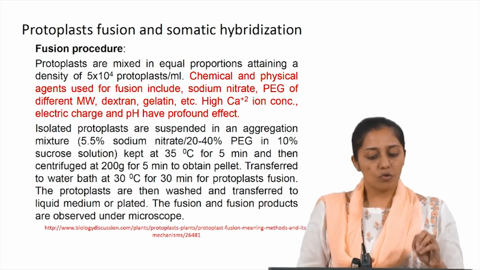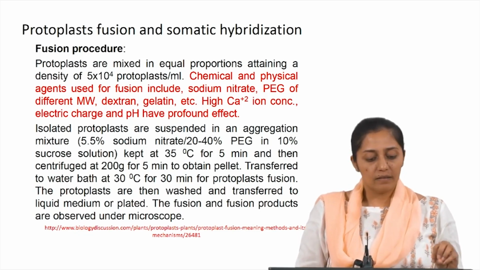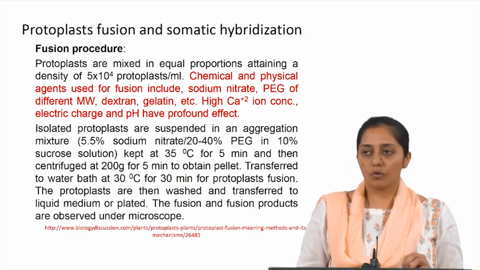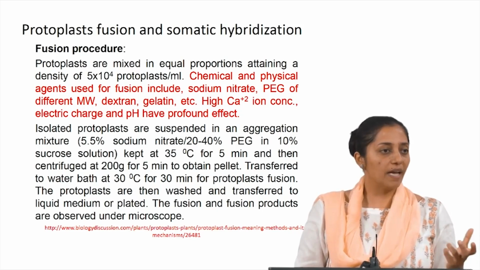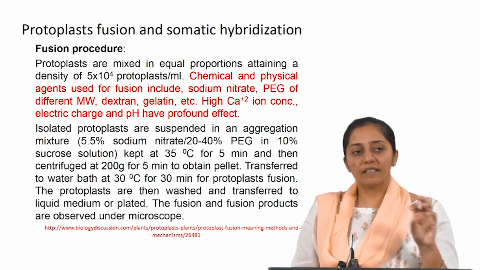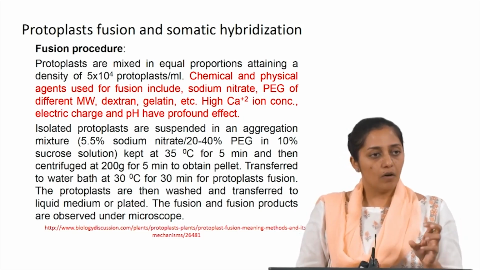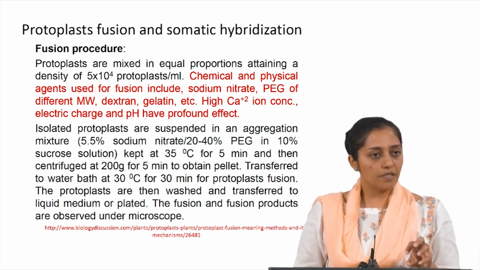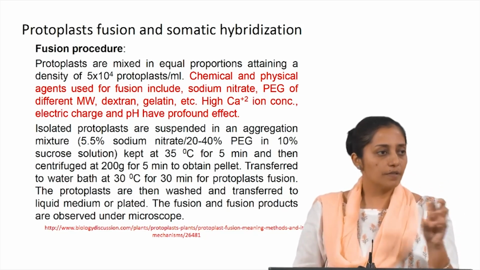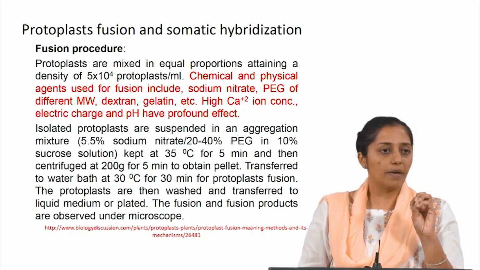So what is done? You mix sodium nitrate, PEG and sucrose as an osmoticum, to balance the osmotic pressure once the protoplasts are there. Then you heat the protoplasts in this mixture at 35 degrees C, and centrifuge the different cells you want to use to produce a somatic hybrid.